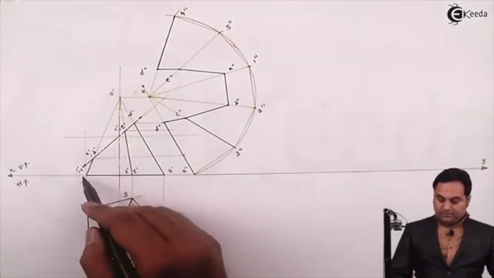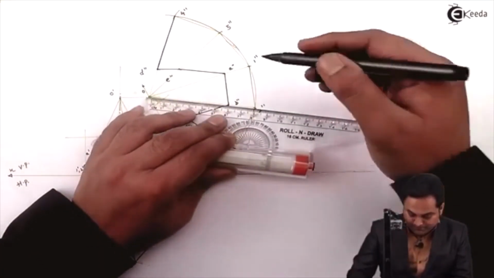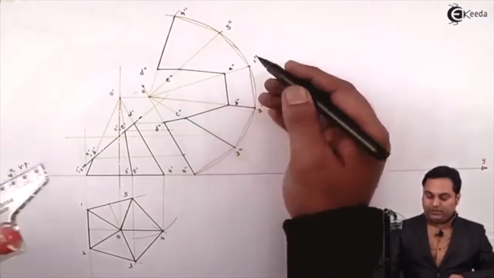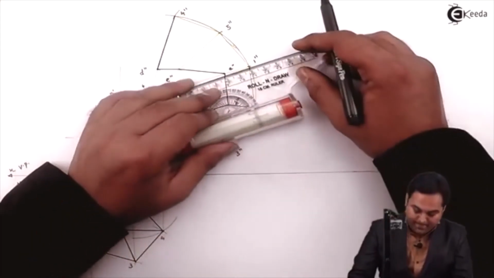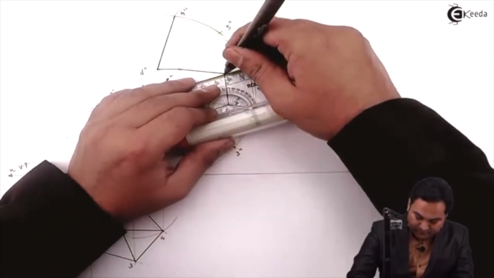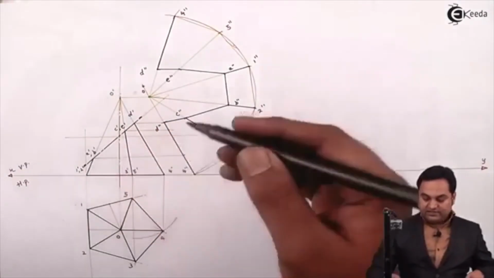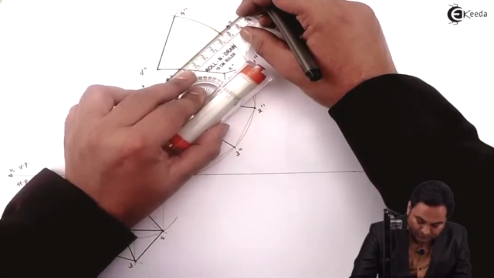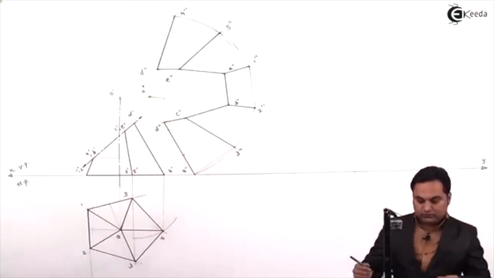Next, B''2'' will be connected because it is retained. Then A1 is connected, as we see here A'1' is a dark line, so that will be made dark. Next, E'5', that is E''5'', will also be connected, so it is dark.